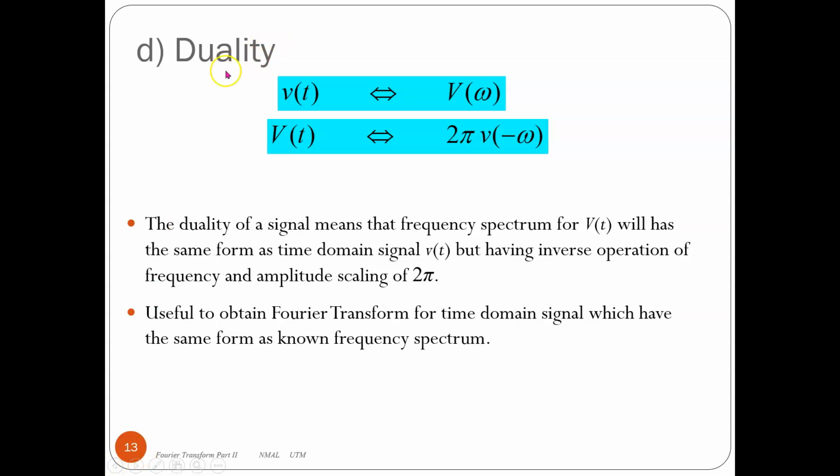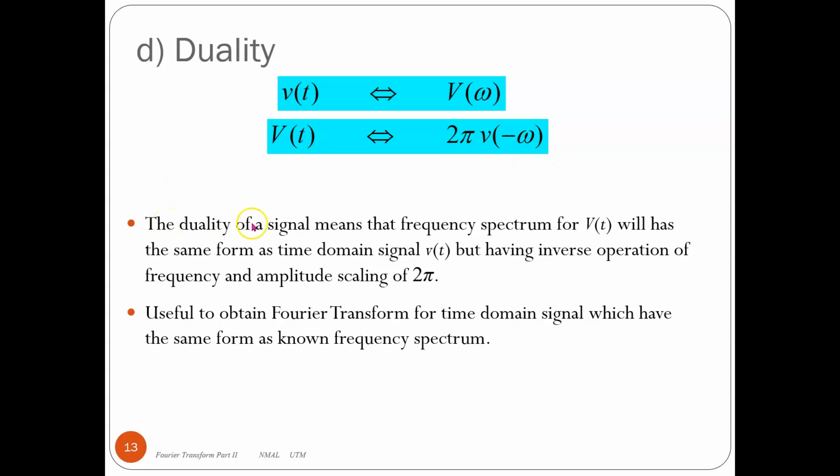Now we move to another property, which is duality. For the duality, if given the signal v(t) and the Fourier transform is capital V(omega), if we find any time domain signal with the same shape as this V(omega), the pair here is 2 pi v(negative omega).